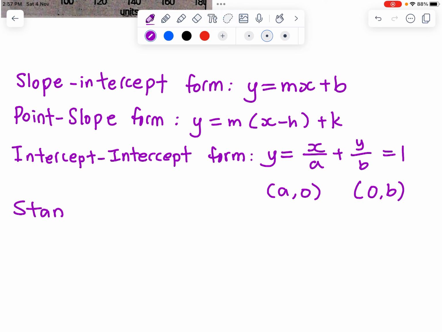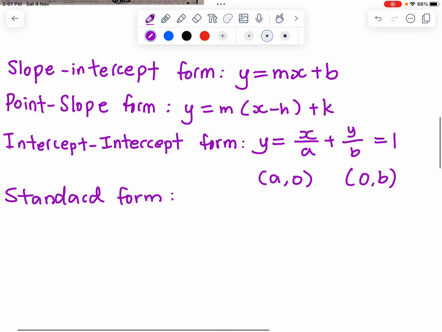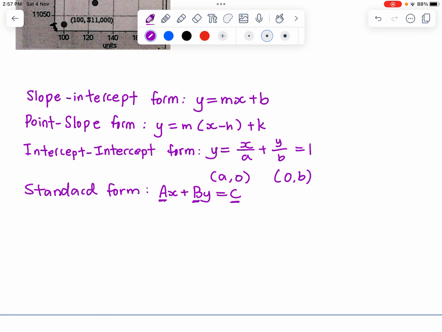It's called standard form, and this is useful when you want to change the form back into slope-intercept form, but it doesn't clearly show the y-intercept or the x-intercept or any point. But you have to keep in mind that A and B and C all have to be integers. So that's a rule for standard form.